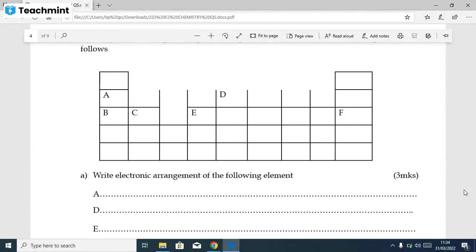I have written oxidation, charge, and valency, and that's why I'm saying you take some notes. Oxidation, charge, and valency. We start with the charge.